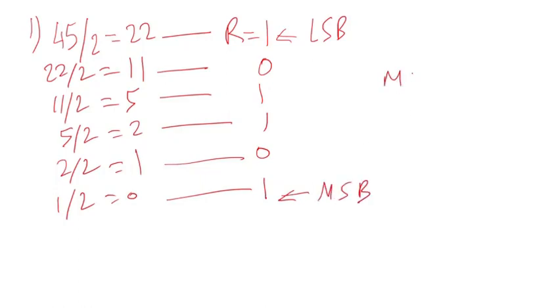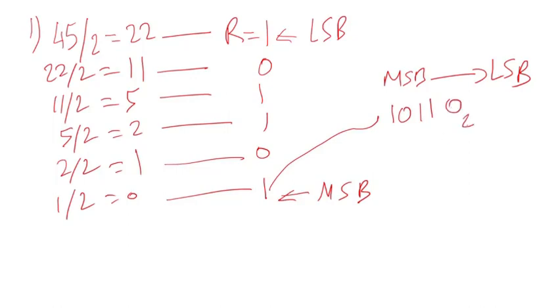And the way you write these is from most significant bit to least significant bit. So basically you start with this: 1, 0, 1, 1, 0. So this is the equivalent of 45.